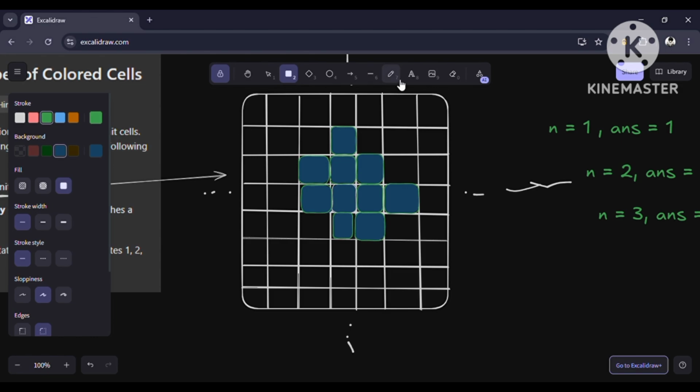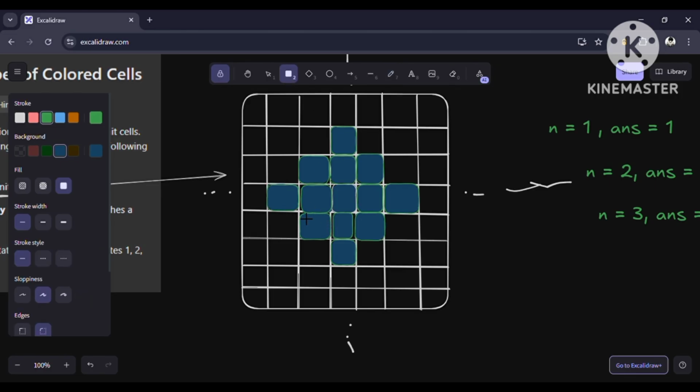Now for this cell, this one and this one touch this cell. This one and this one also touch, but this is colored. So I'll color this one and this one. So let's color these two cells. Colored. Now for this cell, how many cells? This one and this one are colored, so I have to color just this one.